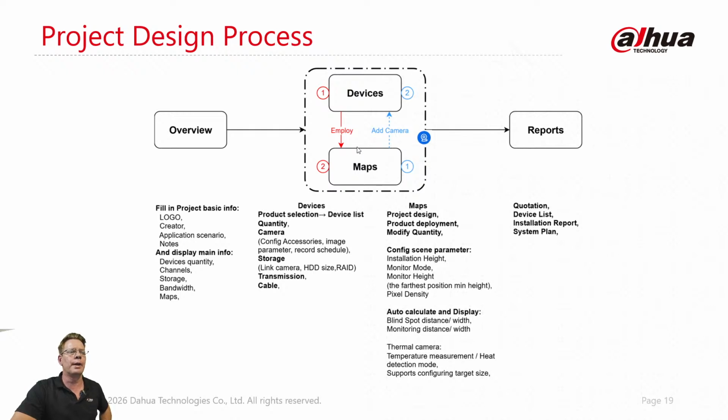And then on the middle part of this section is where you can actually work on the project, configure the accessories, link it to a storage device. And then after that, you'll have the option to export the device list, the installation report, and the system plan of your current project.